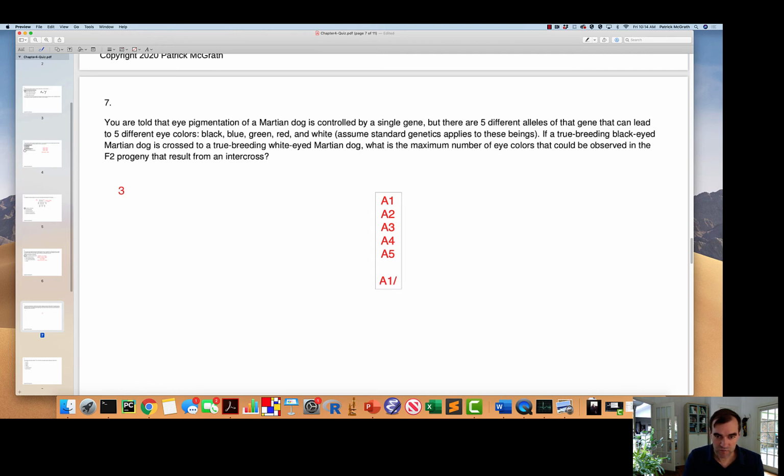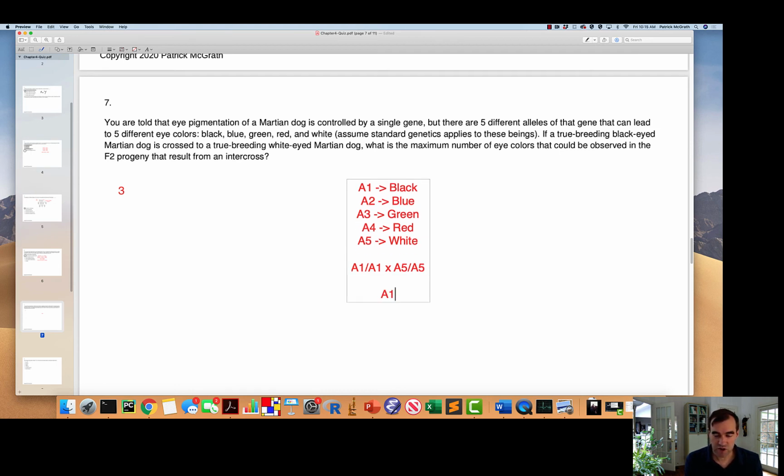So, let's just say that it's like this. What are the maximum eye colors that can be observed?